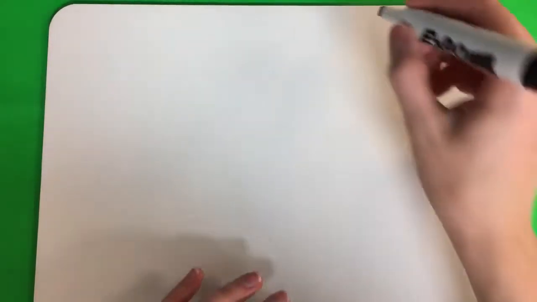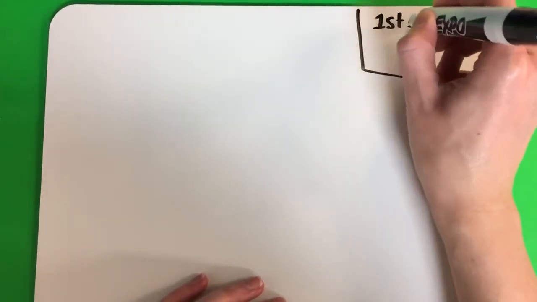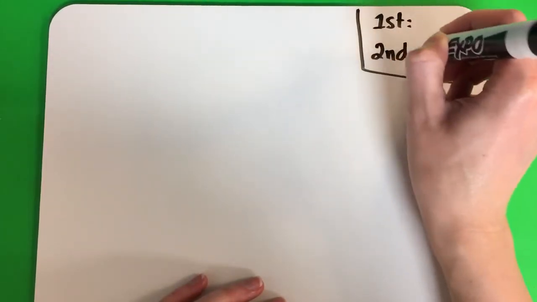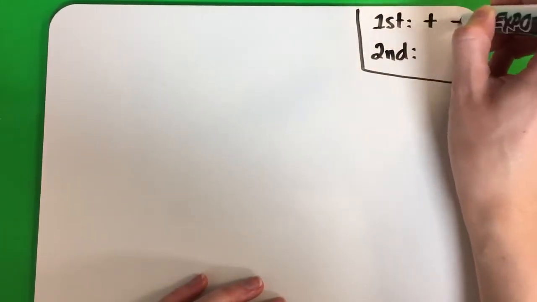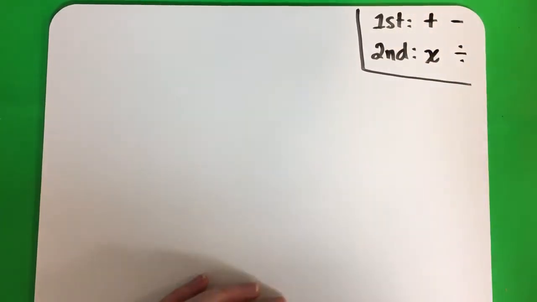Let's start with our first example, but before we begin, let me put in the corner: first, do you remember what we do first? Plus or minus. Second is multiply or divide.